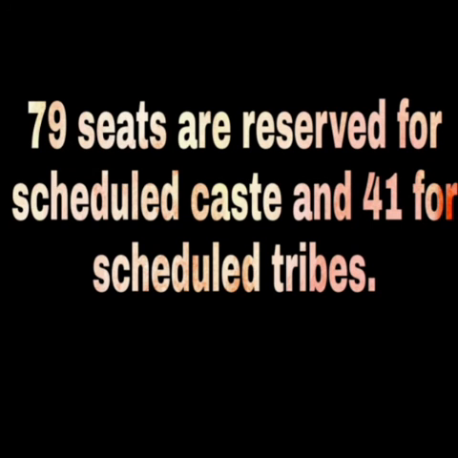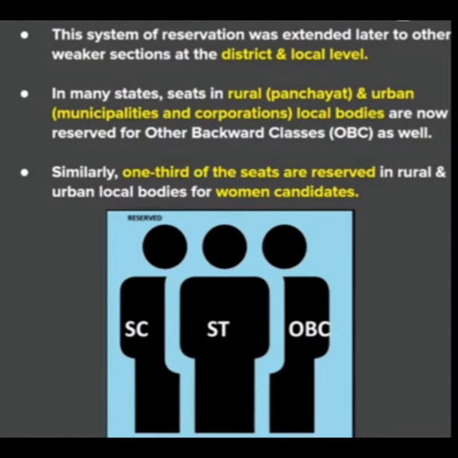Currently, in the Lok Sabha, 79 seats are reserved for the scheduled caste and 41 for the scheduled tribe. Thus, the reserved seats for scheduled caste and scheduled tribe do not take away the share of any other social groups.